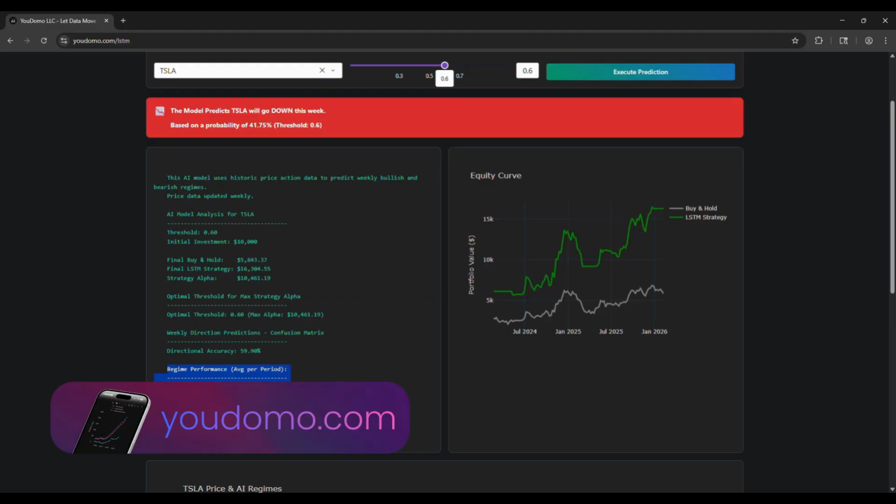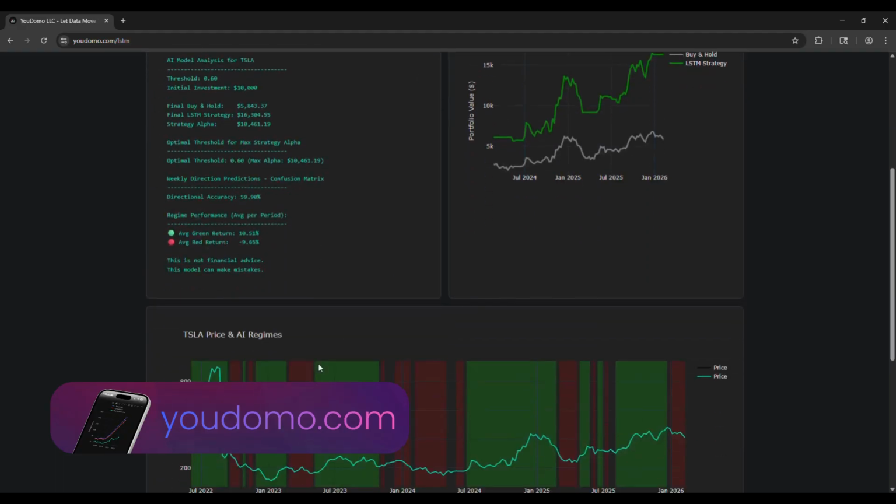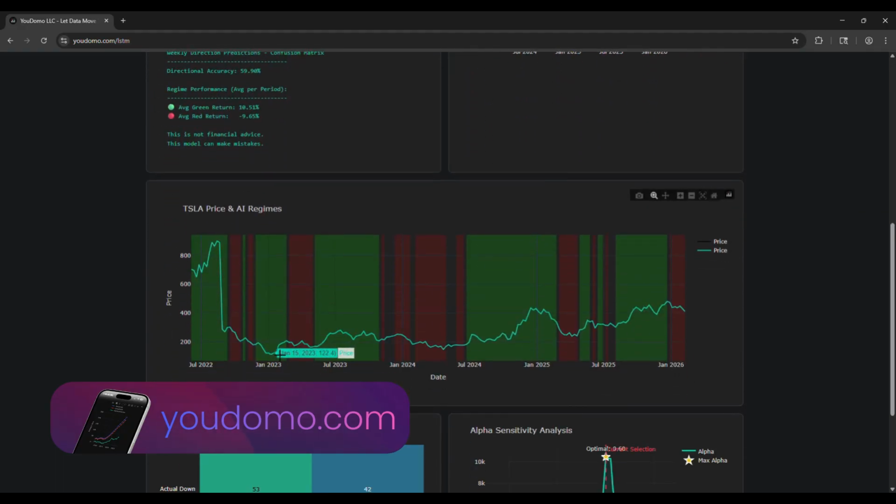The regime performance, we have bullish and bearish regimes. Here we can see that the average bullish return was 10.5%, while the average bearish return was negative 9.6%. So we can see on average, the model is able to successfully pick up bullish and bearish times in Tesla stock.